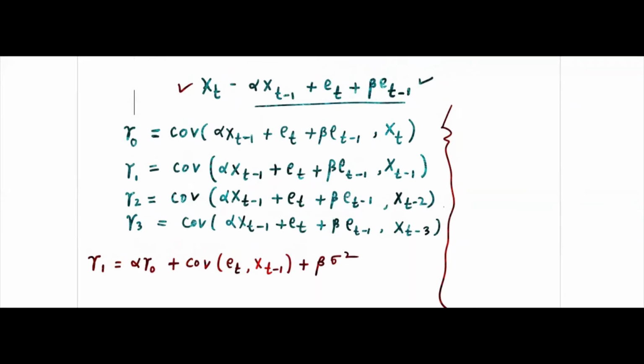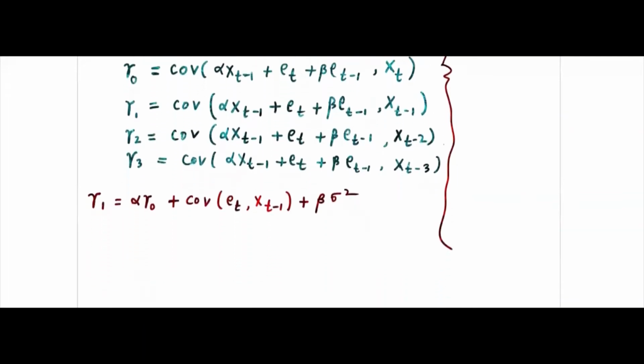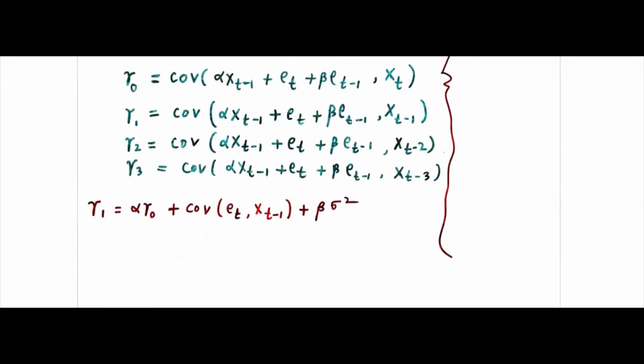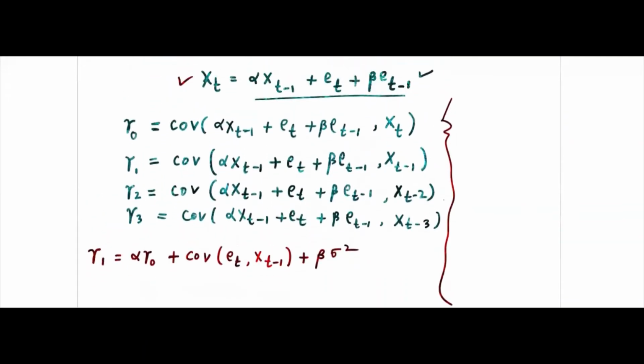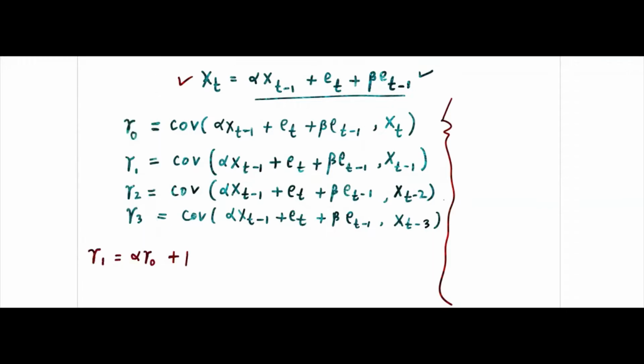So that you will have only two terms for this, beta sigma square, remember. So this is beta sigma square. Now if you find it here, you check xt minus 1 and xt minus 2.